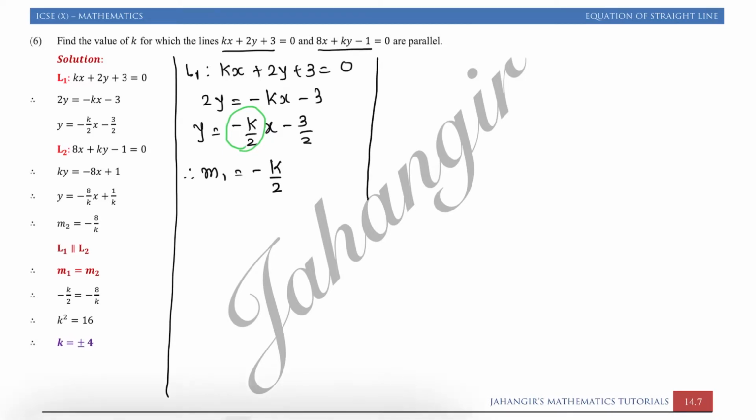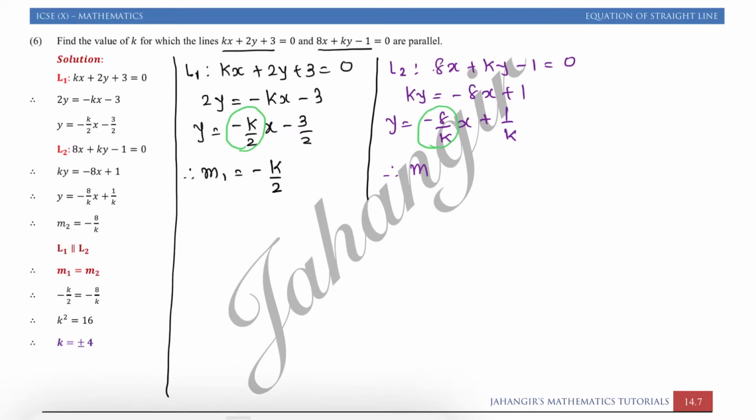Now find the slope of L2, that is 8x + ky - 1 = 0, keeping y positive. ky is equal to -8x + 1. y is equal to -8 upon k into x + 1 by k. So comparing it with y = mx + c, we get this part as the slope.